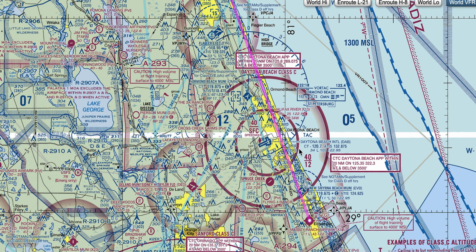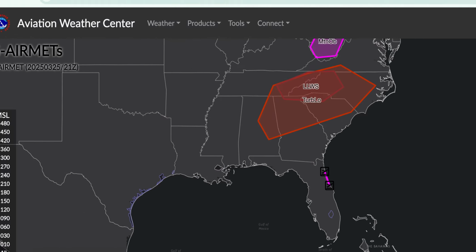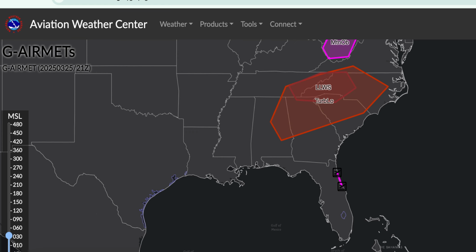Now, I definitely know that ForeFlight has weather capabilities, but I want to put a strong emphasis on using something that the NOAA has put out. I love the NOAA. They are amazing. The National Weather Service as well.